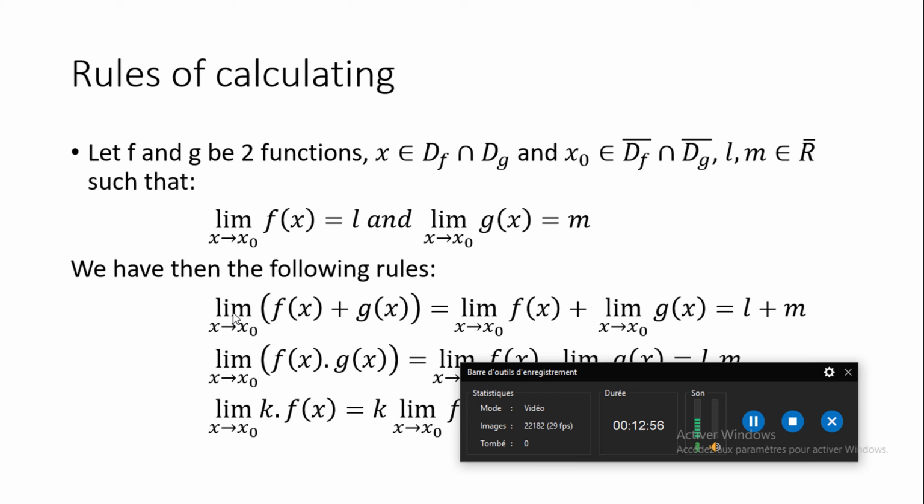The limit when x gets closer to x0 of the sum is just the sum of the limits. The limit of the product is just the product of the limits, and if k is a real number, then the limit of k times f of x is just k times the limit of the function.